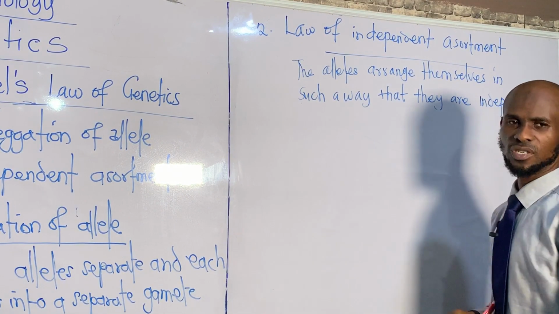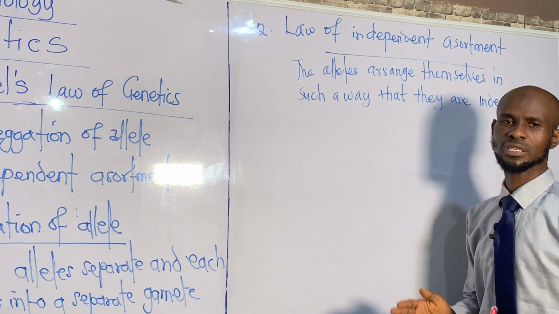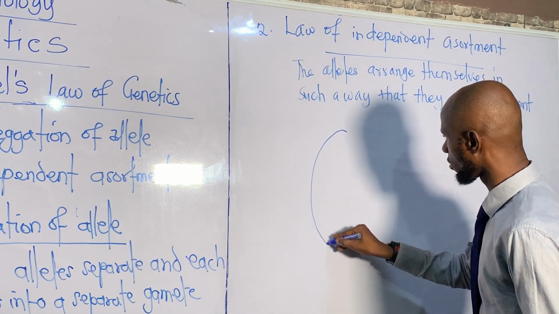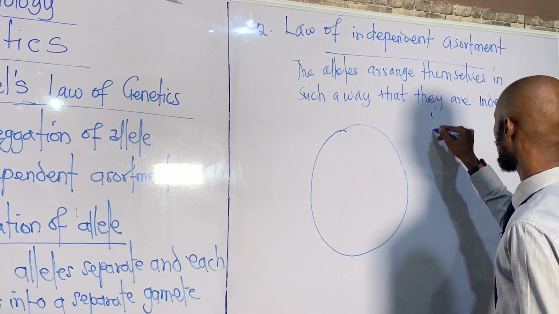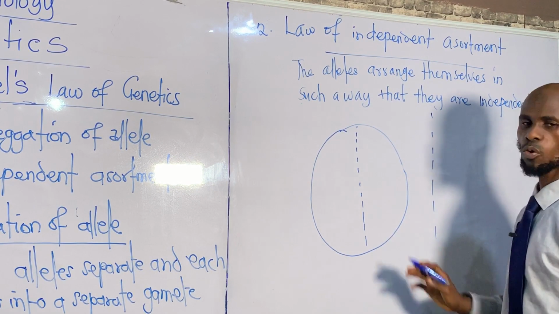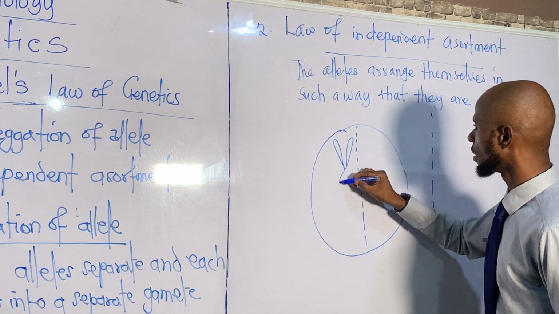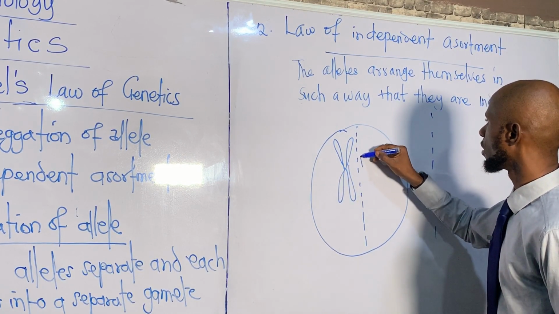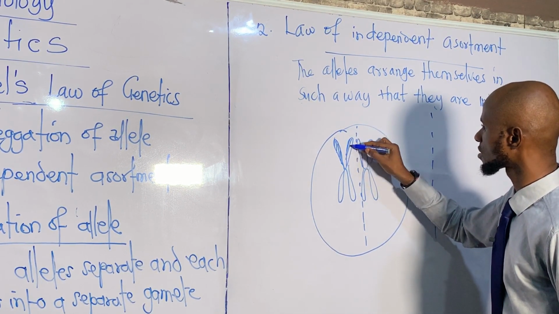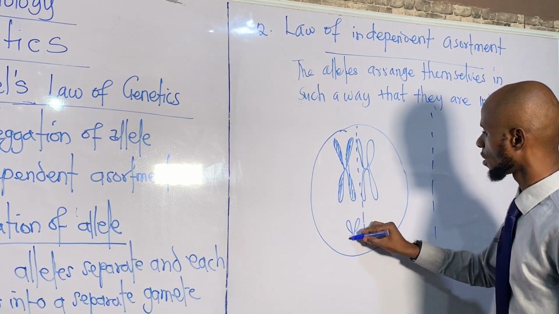At the metaphase of meiosis, don't forget that the chromosomes will align at the center, at the equator. So let's draw the first cell, and let us have the equator here. Now let us have the homologous chromosomes, of the same height, and another chromosome for another trait.